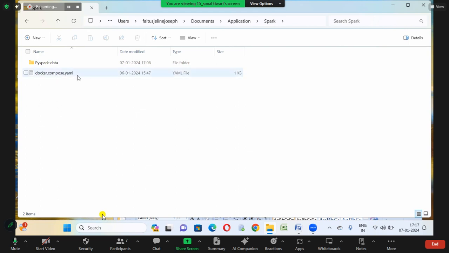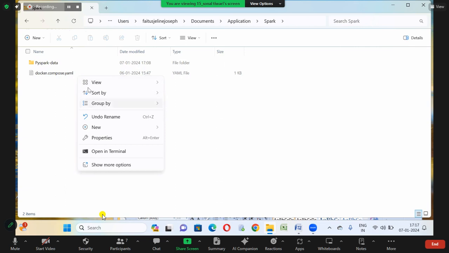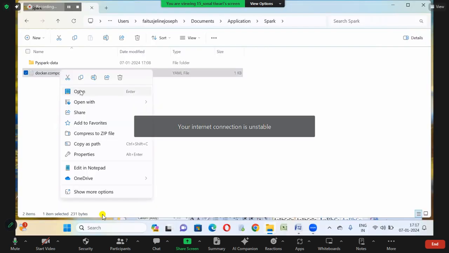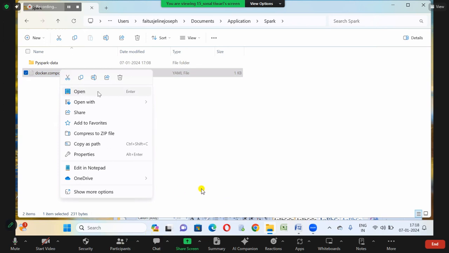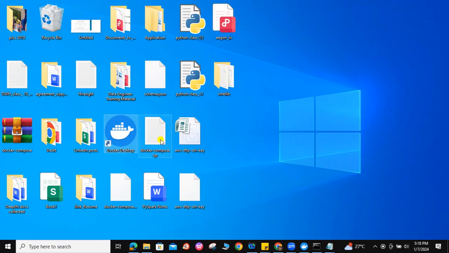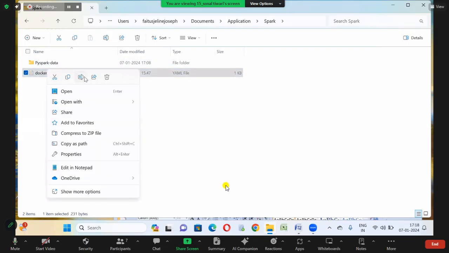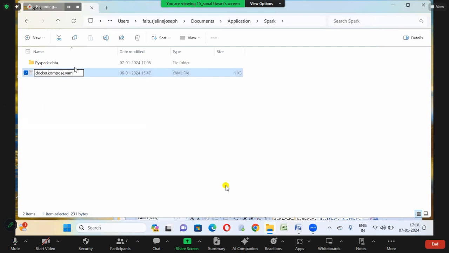Right click and open that file. Why is it given docker.compose.yaml? One minute, what have I given? It should be docker dash compose. If you see, docker dot is there. Rename it.